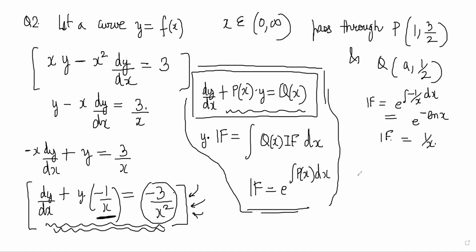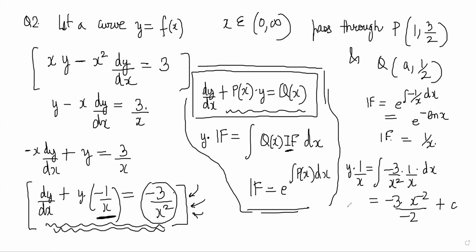And this equation tells us y times 1 by x is equal to the integral of q(x) times the integrating factor. q(x) is minus 3 by x square, and the integrating factor is 1 by x, dx. So this is minus 3, and it is the integration of 1 by x cube, which is x power minus 2 by minus 2, plus c.